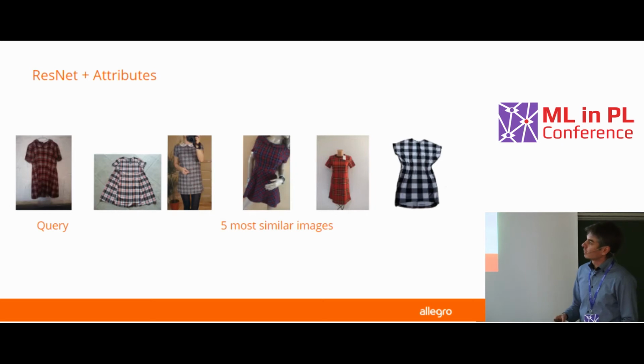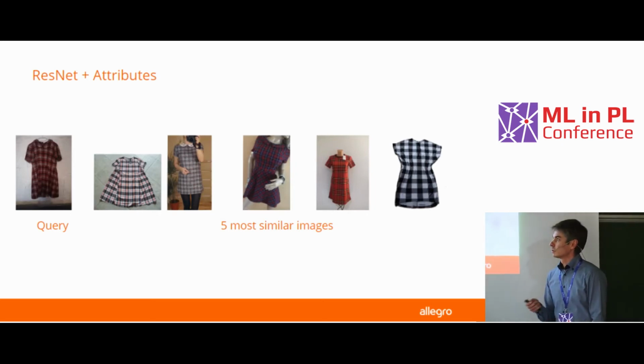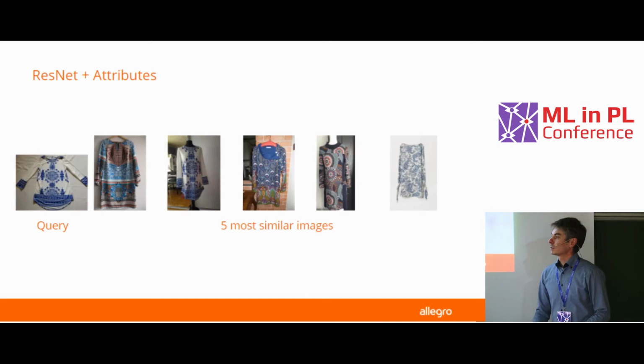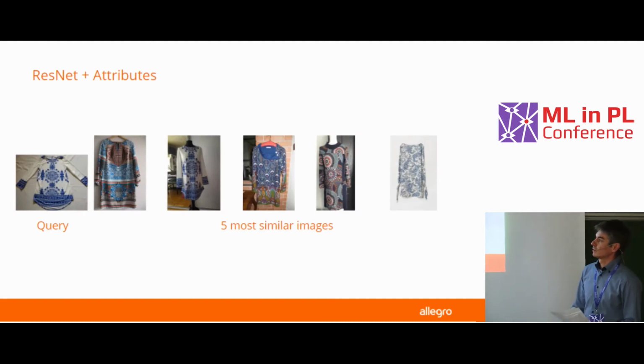Similarly here, we have found some dresses with checkered pattern, but this pattern is obviously different than in the query. And for the dress in the Chinese porcelain pattern, we have 4 random dresses with just a different pattern, and surprisingly 1 exact match, the second one.